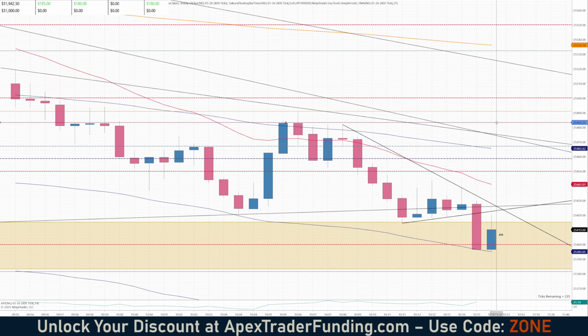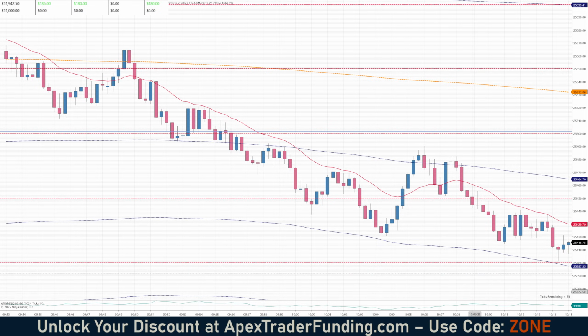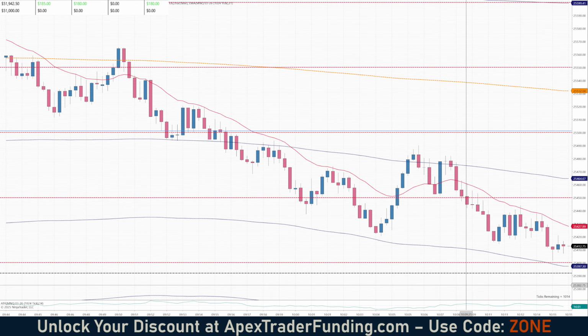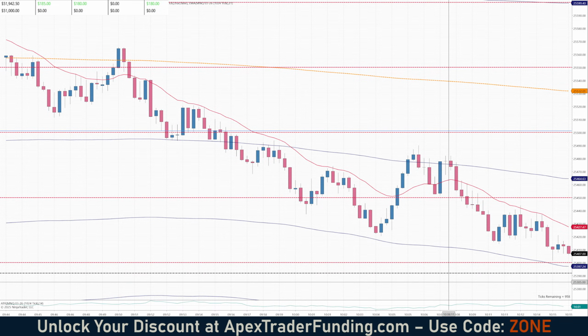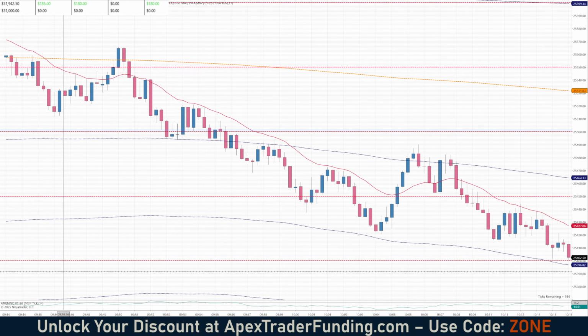We did trigger lower, but I don't want to take a bearish trade here. Setups have been horrendous. Not sure if the 1024 tick chart has been any better. Maybe it has been. Yeah, I don't know.